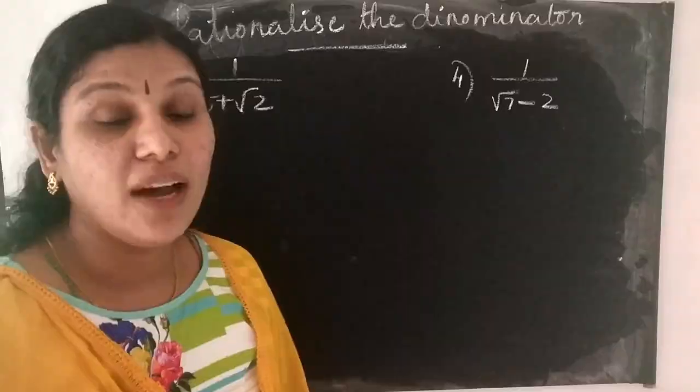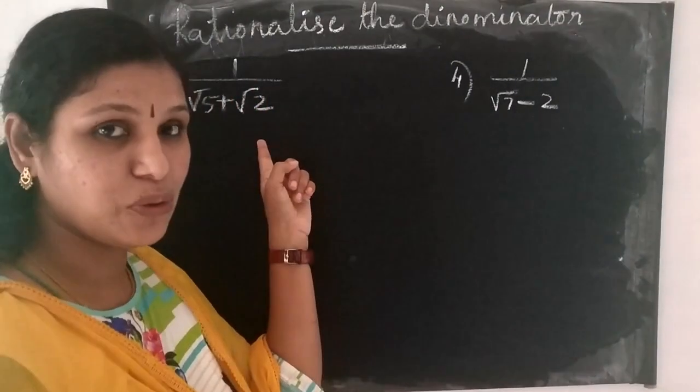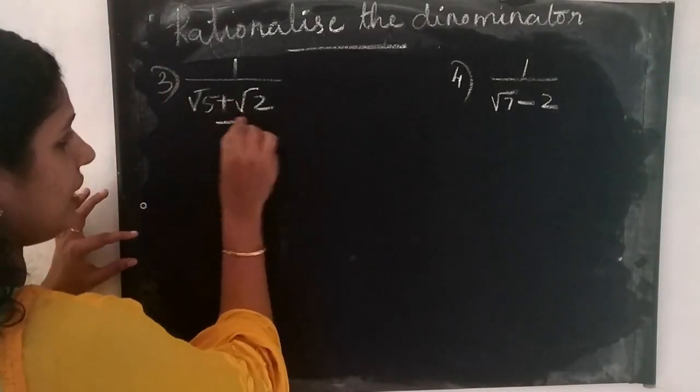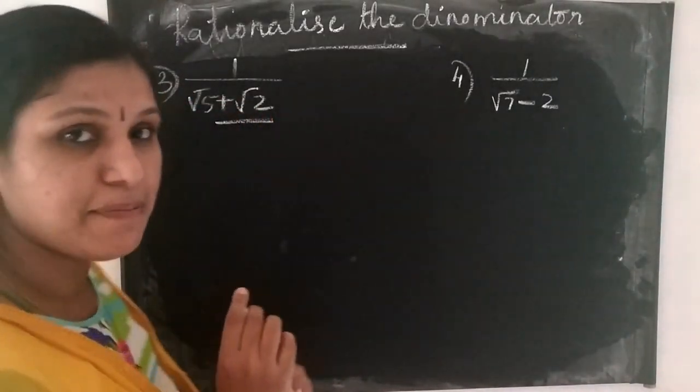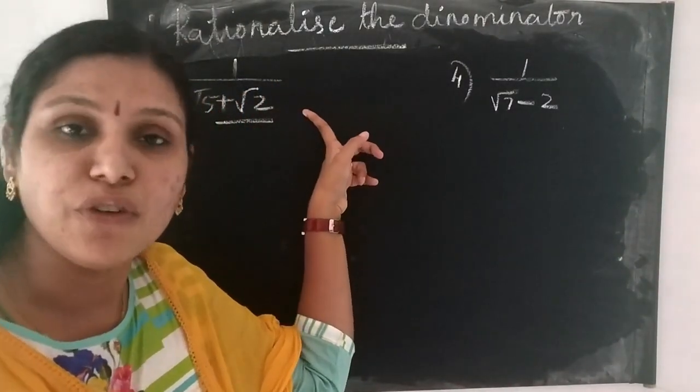Okay, understood? The third question is 1 divided by root 5 plus root 2. See children, here also there are two terms, so we just multiply by the conjugate of root 5 plus root 2.